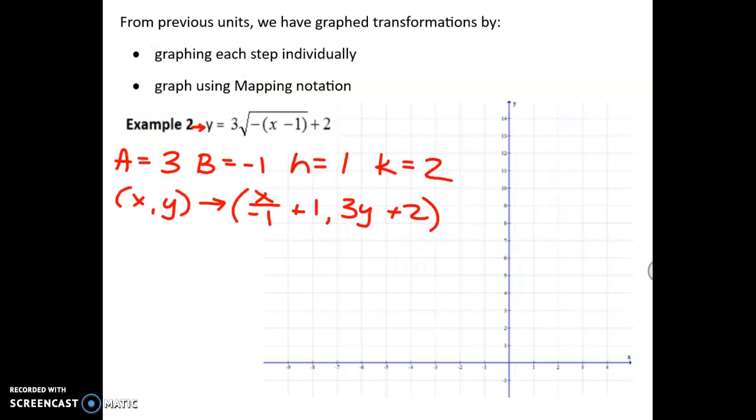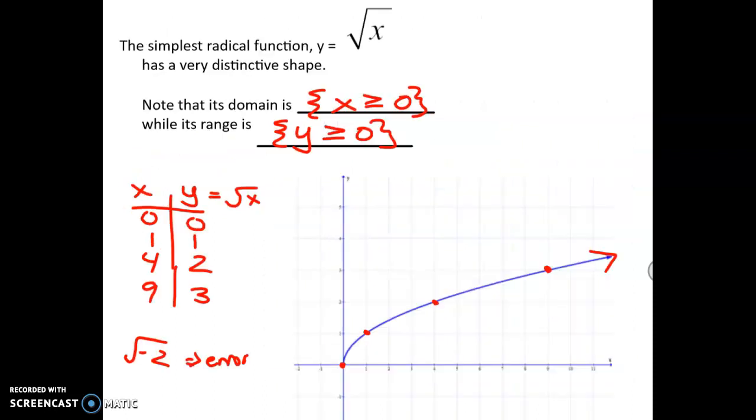So this next example we're going to use mapping to complete. First of all, we pick out our A, our B, our H, and our K from the equation, and then we plug A, B, H, and K into mapping. You can pause the video here if you need a minute to write this down. Now into mapping, we're going to plug the key points from our original graph.